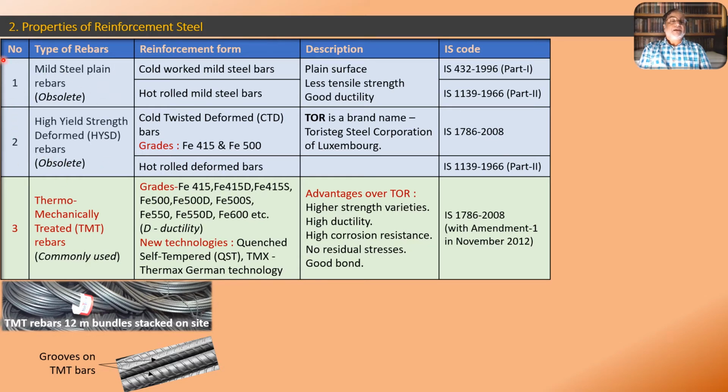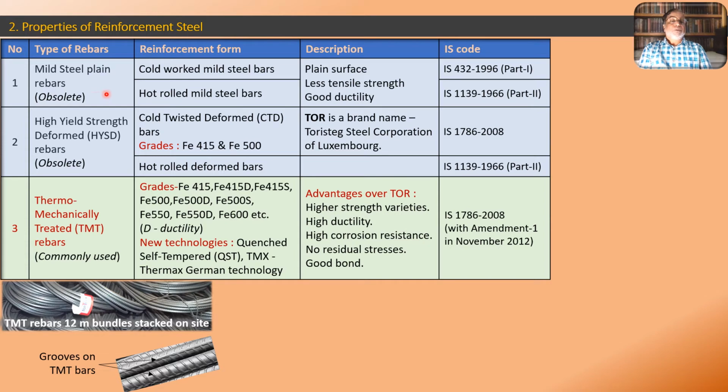But as a matter of history and as a matter of the information given in IS 456-2000, since IS 456 has kept it in the code and has not removed it, I think it is better that we should know something about it, but we will not focus much on that. So let us quickly go through the mild steel plain rebars.